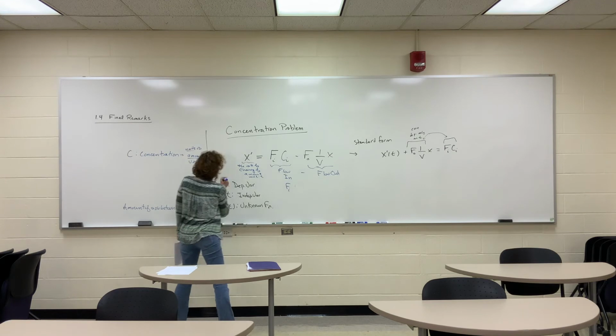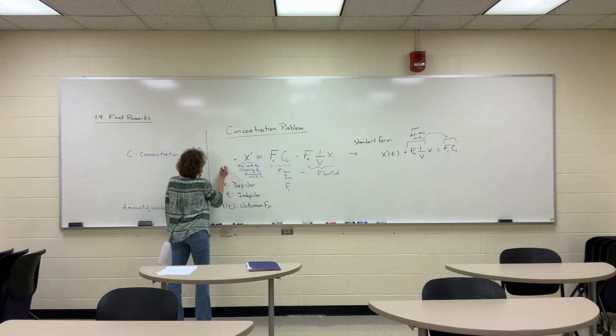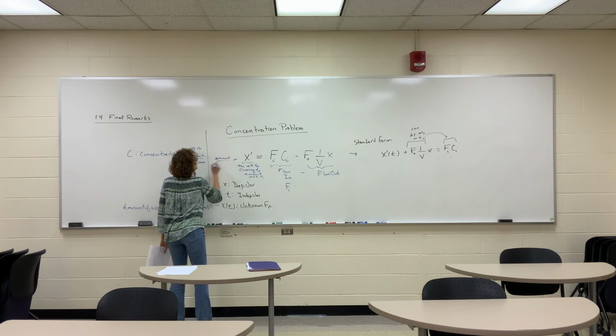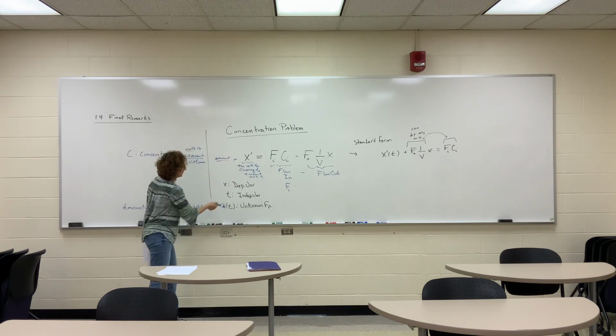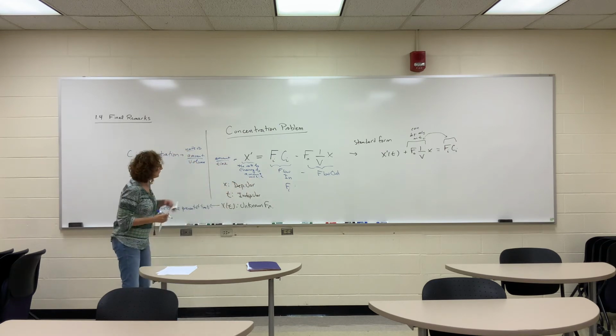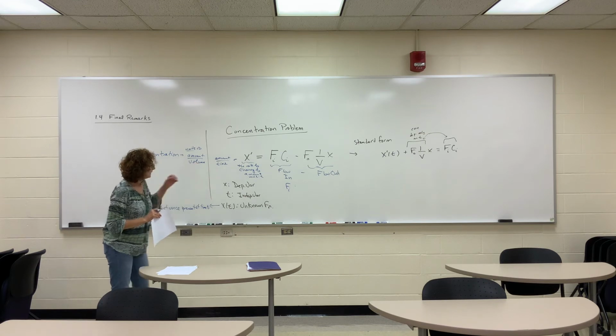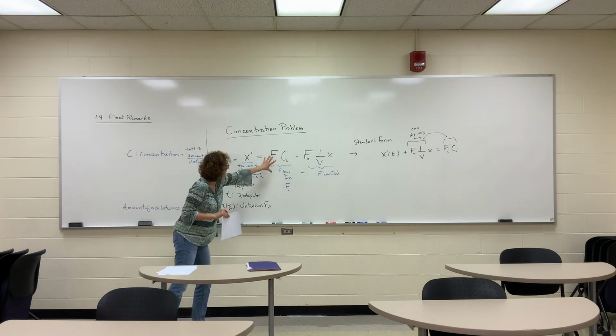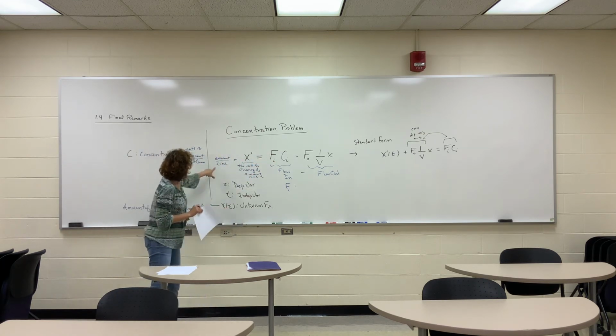So this guy has units of amount per, good, rate of change of amount with respect to time, so amount per time, yeah? So everything that goes into this equation, right, each one of these pieces have to have units of amount per time, right?